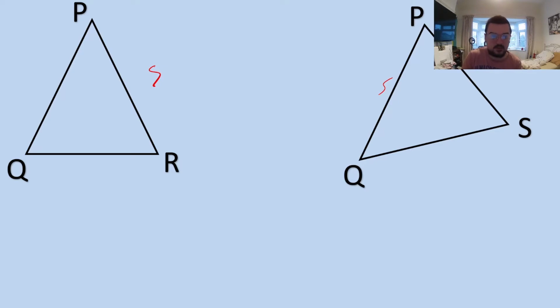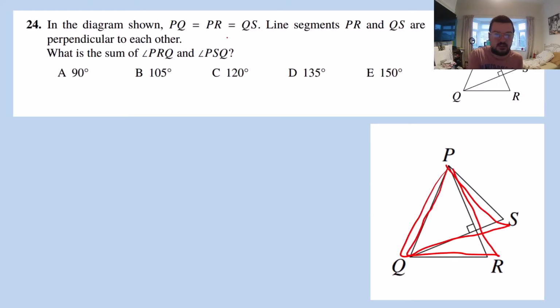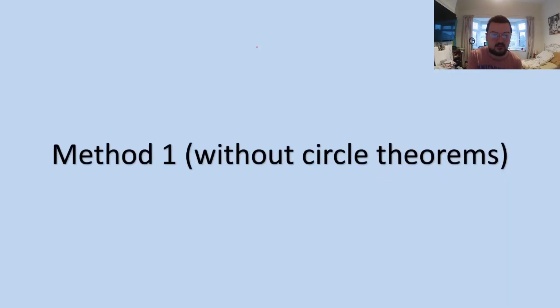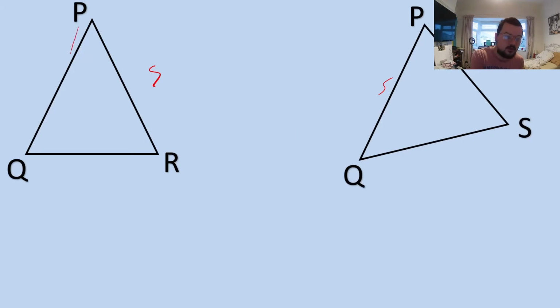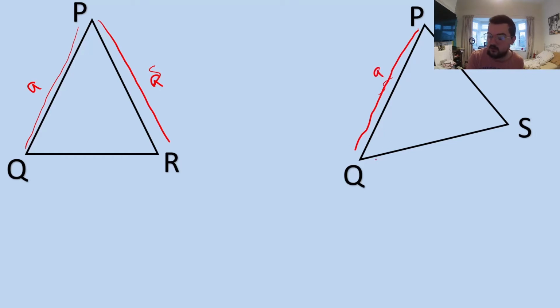First thing I'm going to do is use the information in the question. PQ equals PR equals QS. So PQ is this length here, let's just call it A, equals PR, which is this length here, which we're going to call A. And then in the second triangle, PQ is this length here, which we're going to call A, which is the same as QS, which we're going to label A. We have two triangles where there are two lengths that are the same.